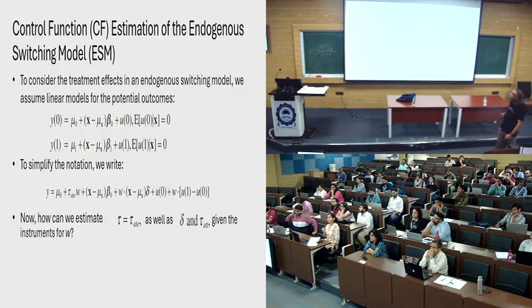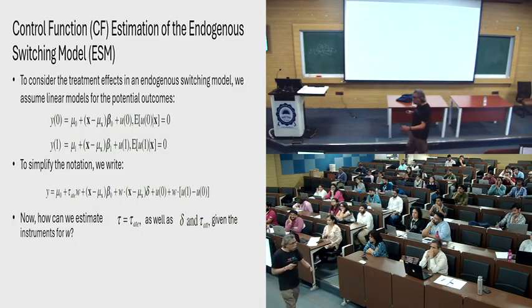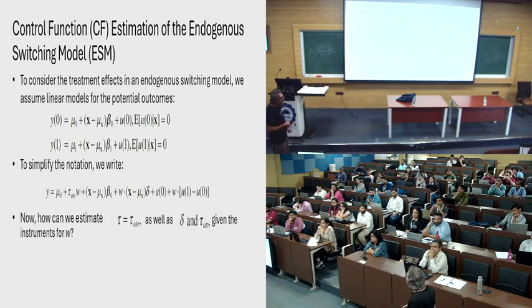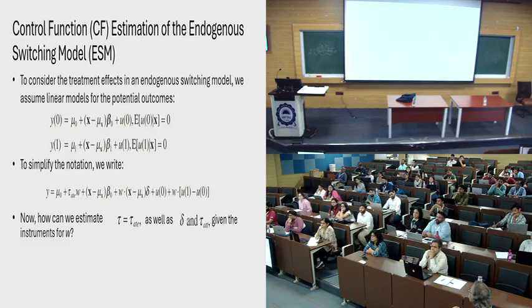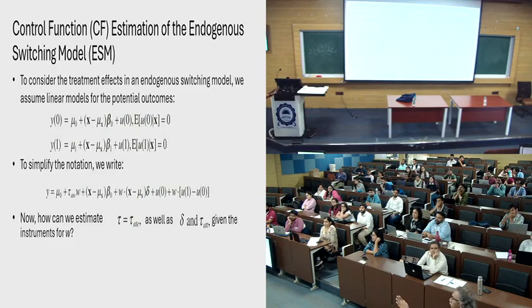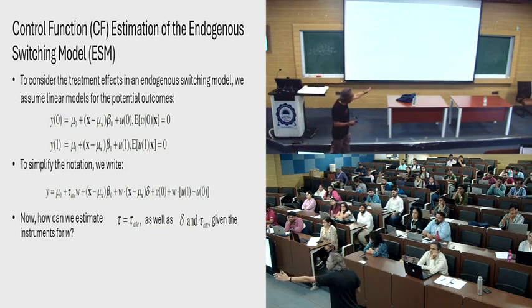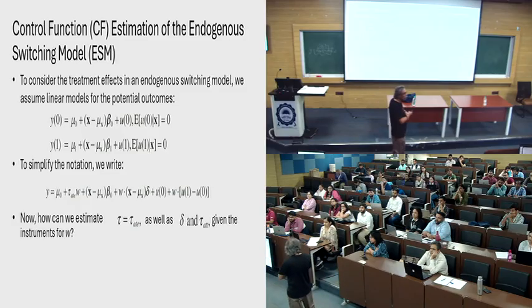Given it is an endogenous switching model, I can do something like a control function estimator. How do I do it? I want to consider linear models for the potential outcomes. One outcome is y0, no treatment, y1 with treatment. Clear? Then I want to think of y as equal to mu0 plus my treatment binary indicator, x minus mu x times beta 0, plus w times x minus mu x times delta.